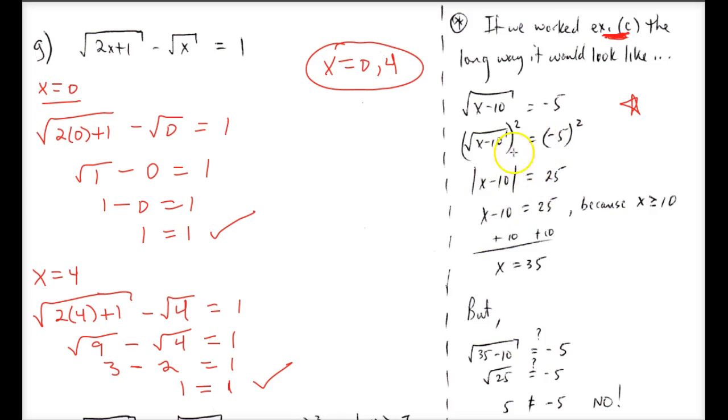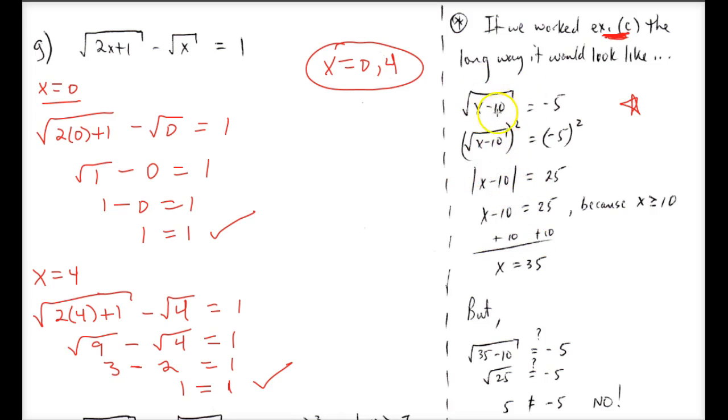I haven't talked much about absolute value equations in some of the videos that I've done. So if you're interested in that, you could check out the absolute value equations video so that you can see what's going on there.